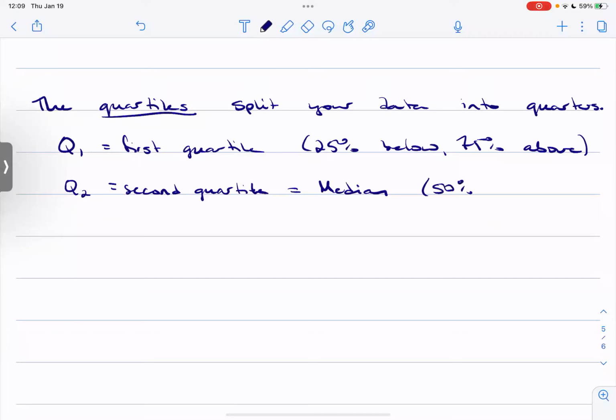50%. Are you guys okay if I just write below, above? 50%, 50%. I'll write it properly for the second one, which is Q3, the third quartile. The third quartile has 75% below and 25% above.